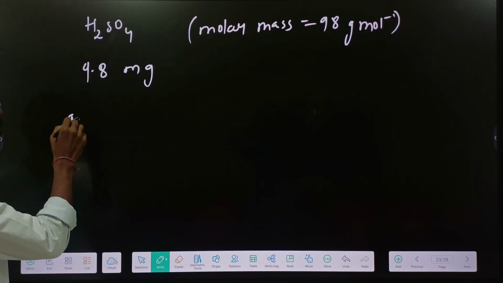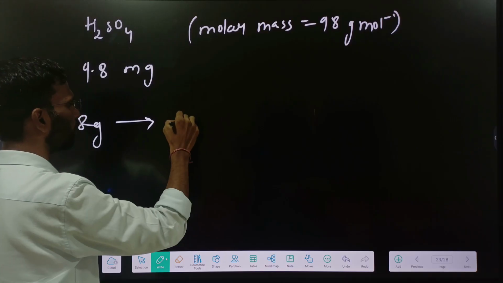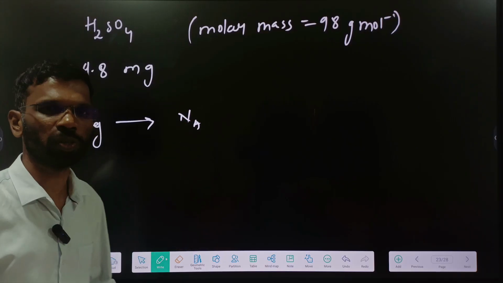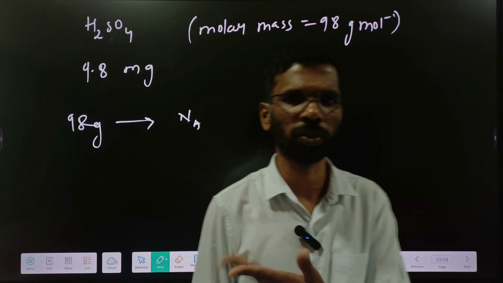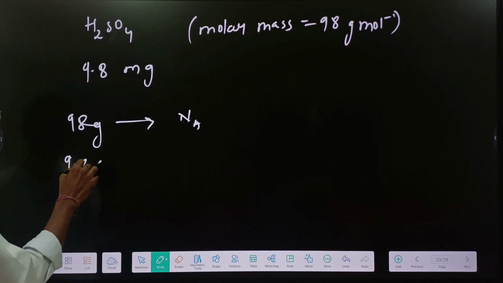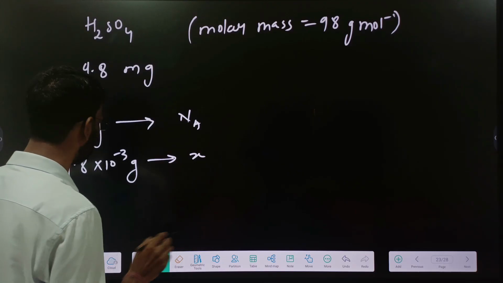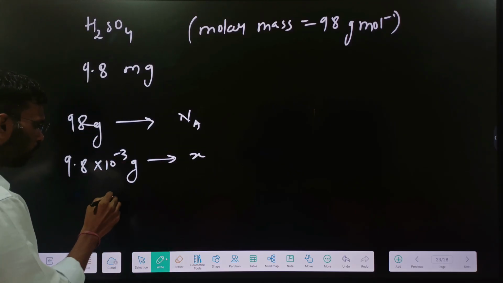So 98 gram has how much? I will write Na only, instead of 6.02 into 10 to 23, because that is what is given in the option. So 9.8 milligram, that is 9.8 into 10 raised to minus 3 gram, will have X what? Molecules. So X will be what?